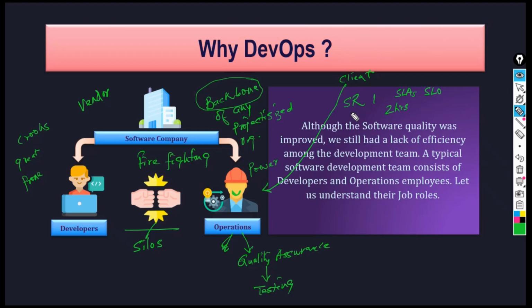The client will levy heavy financial penalties on the vendor. And therefore these people try to minimize the damage that can happen because of new things coming from the developers, and that can mess around with the system.